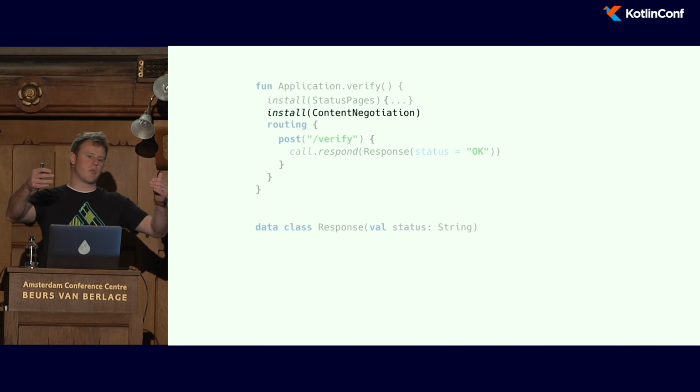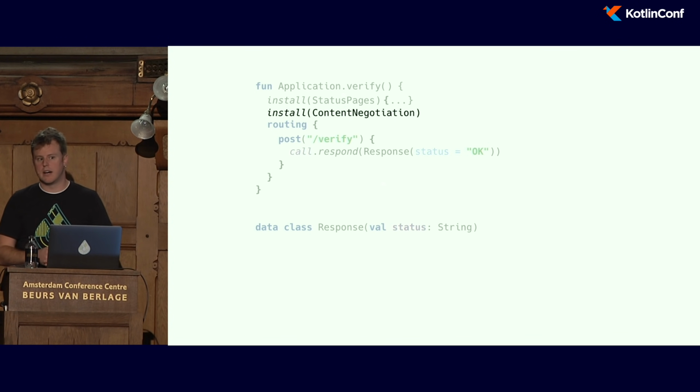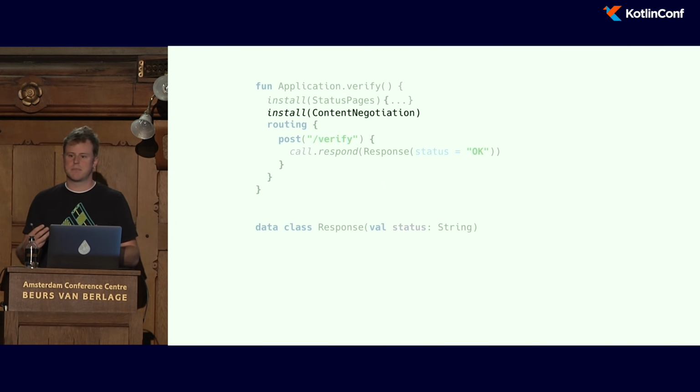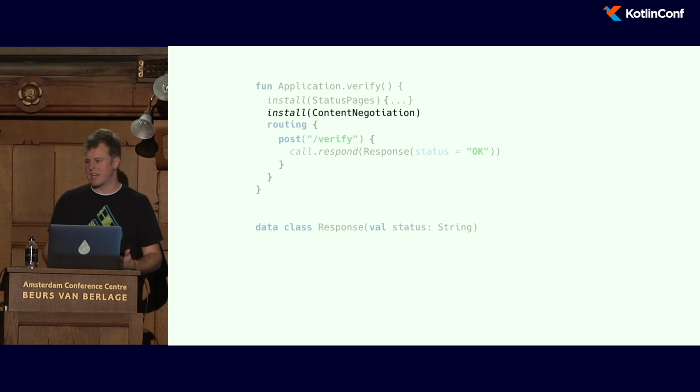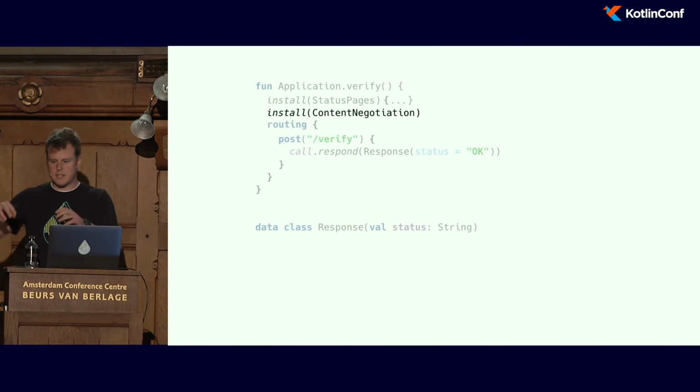When a client sends a request, there will be an accepts header, and that'll tell the server what type of data, what MIME types, that client can accept. And then when the server responds with data, there will be a content type header, which will say this data has the content type application JSON or text plain, whatever that might be.